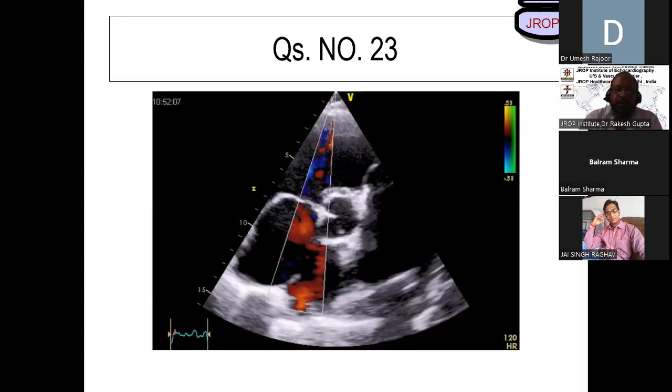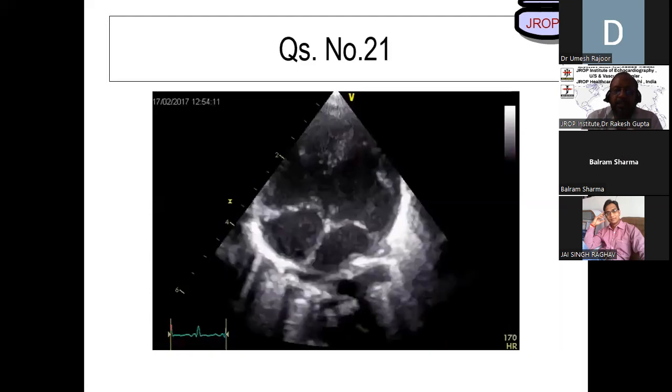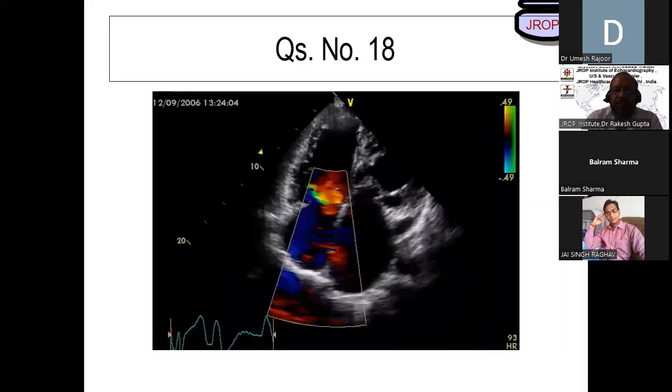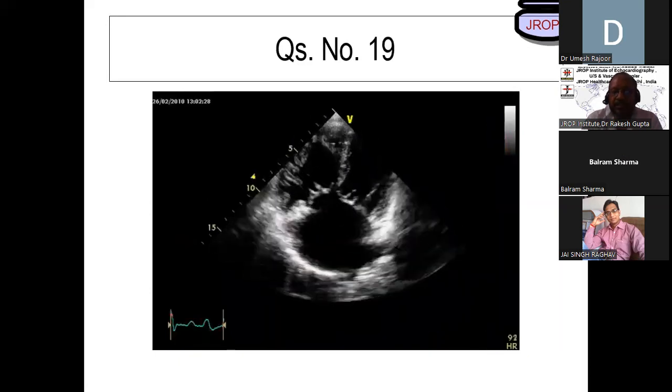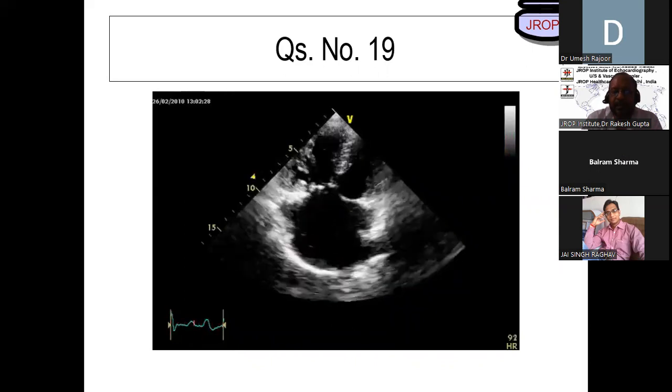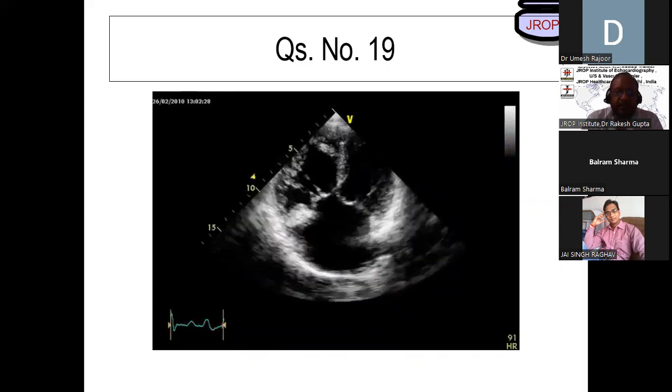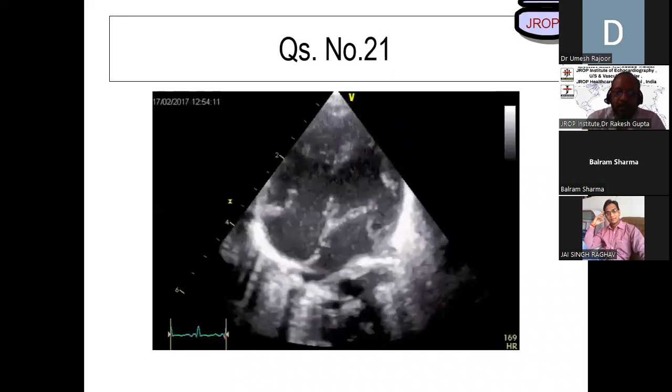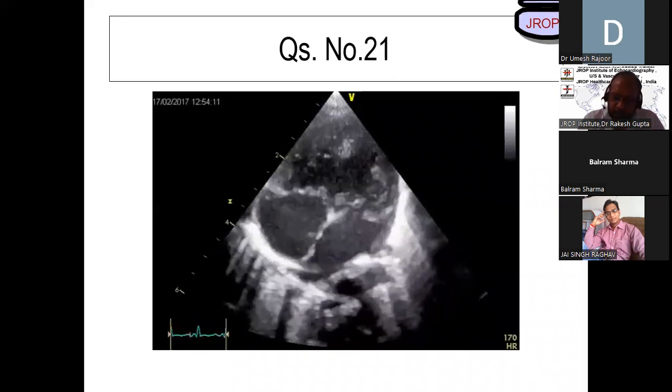So remember, majority of ASD which you see over here are secundum ASDs. And whenever we have a primum ASD, the picture majority of time is like this. Okay. All right. Thank you. Good question. Good answer, Balram.